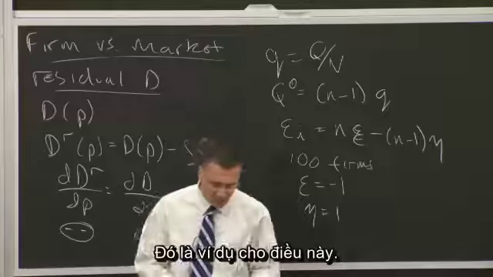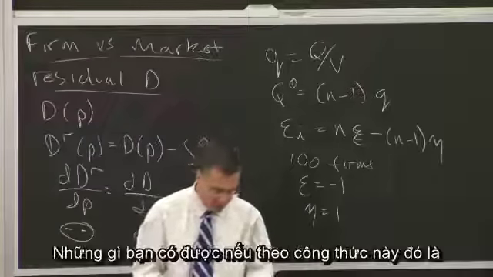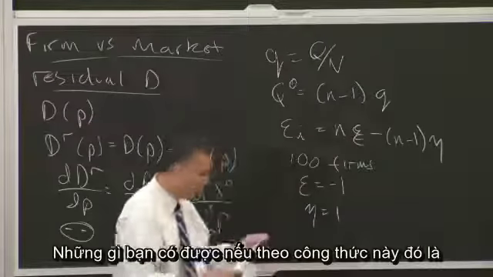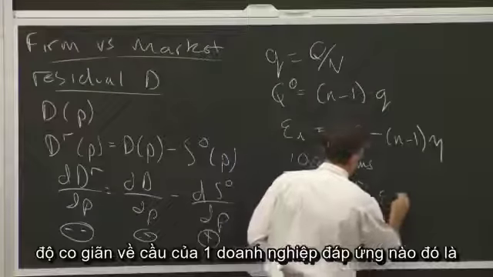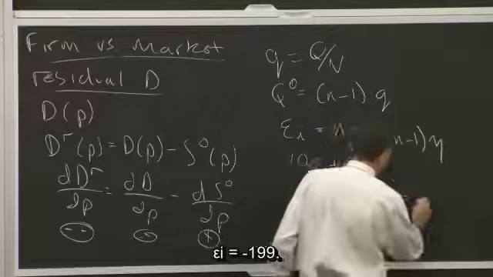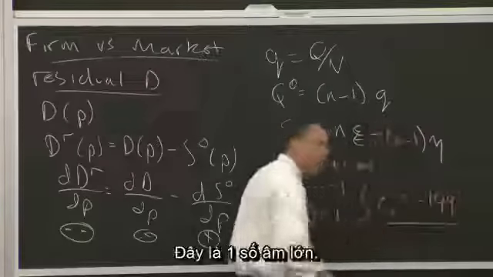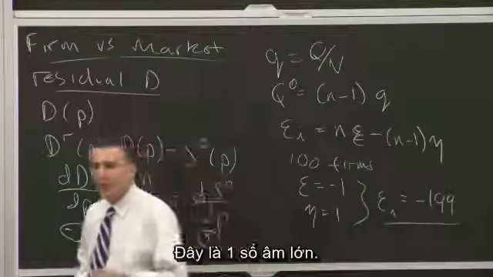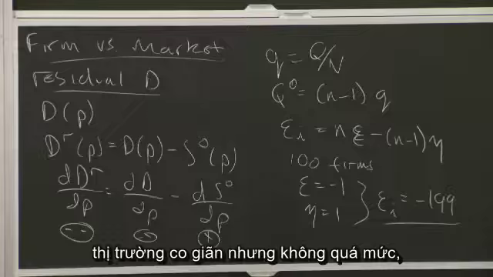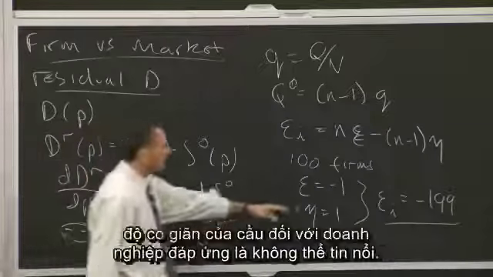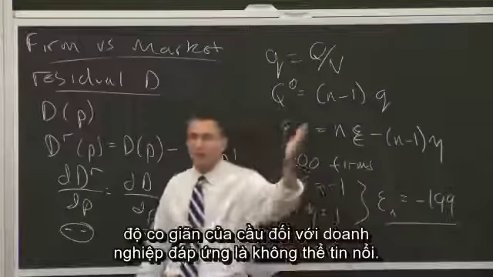Then if you use this formula, the elasticity of demand facing a given firm is minus 199. It's a huge negative number. So even though the market demand is modestly elastic, minus 1, the demand facing any given firm is crazy elastic.